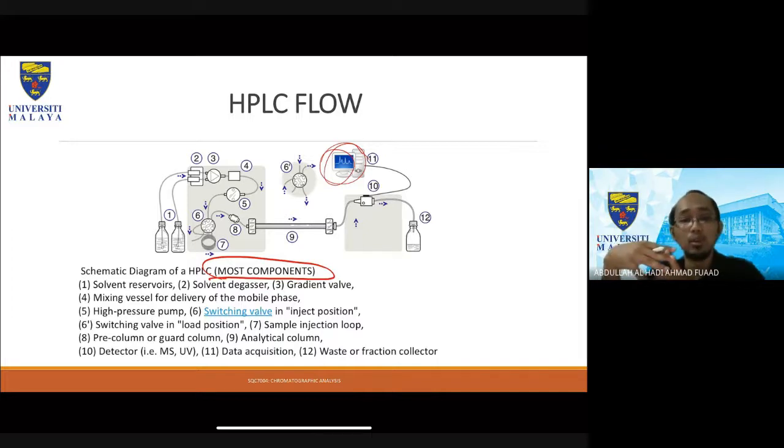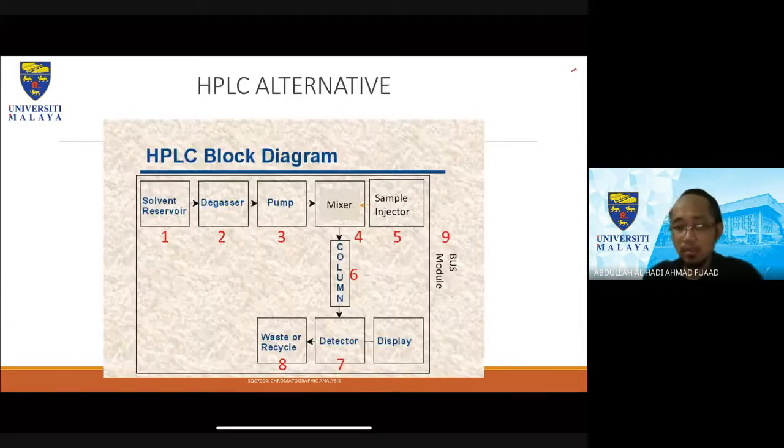If you look here, there are 12 components or subsections for HPLC, but what we will look at is not 12 per se, but roughly these 9 components. Well, the bus module is not being covered at all. It's basically a serial module that you use to interconnect all of this system.